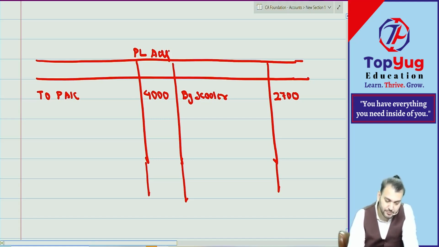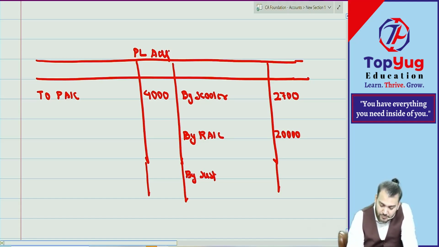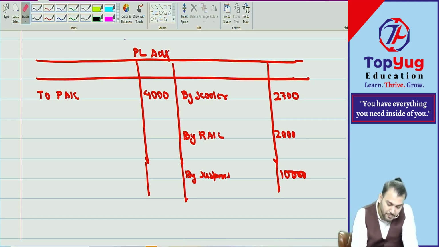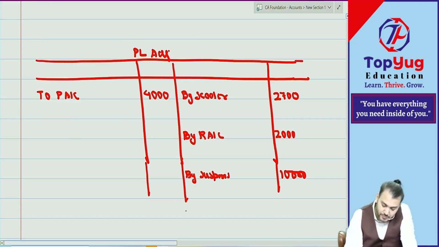Then by R account how much? 2000. Then by suspense account how much? 10,000. Then by one more suspense account. By suspense account how much?